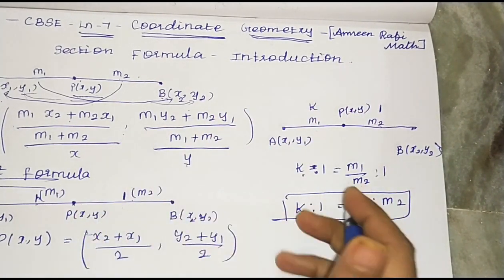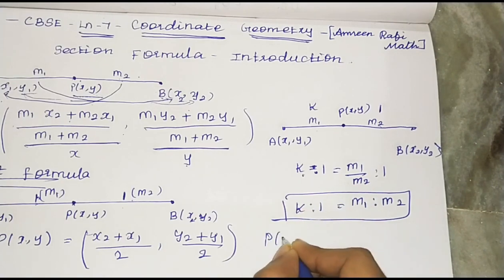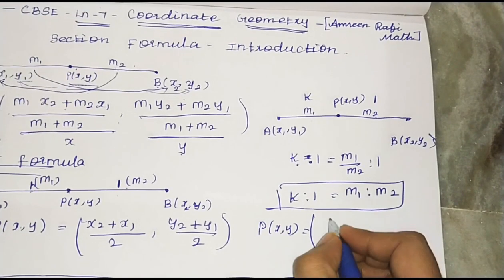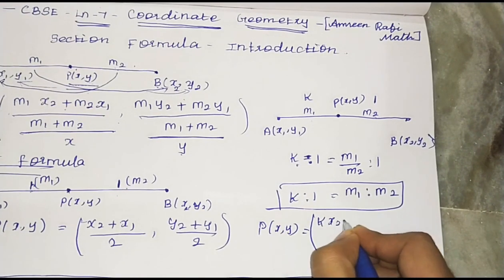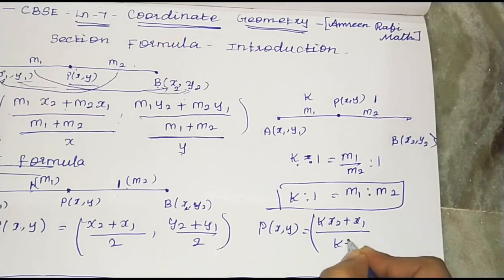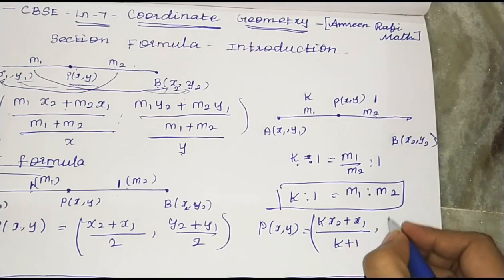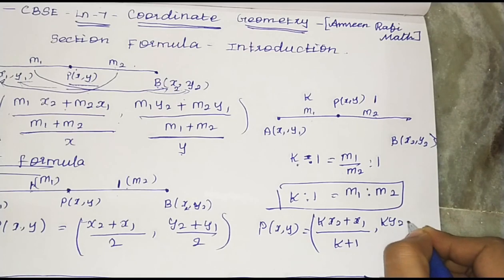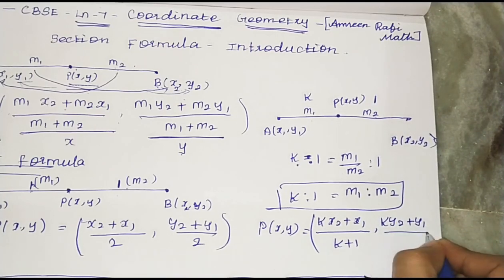We will get P of x comma y equal to kx2 plus x1 divided by k plus 1, comma ky2 plus y1 divided by k plus 1.